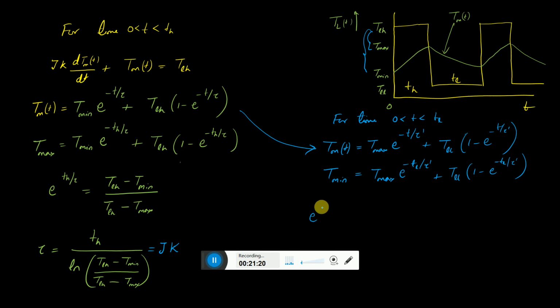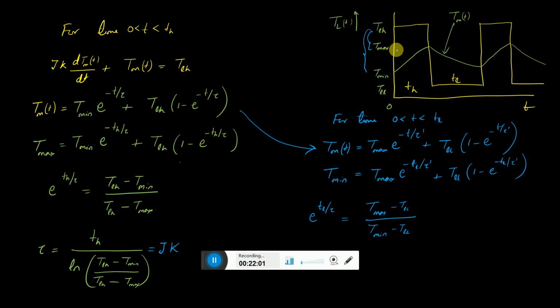E to the power TL divided by tau dash is equal to, let me write minus first. So T minimum and TLL we can take aside: T minimum minus TLL, and here T max and TLL, so I can write T max minus TLL. So if I remove this negative sign, obviously there will be an interchange of the position. So here the upper one will be max, the lower one will be minimum. What is this T max minus TLL?